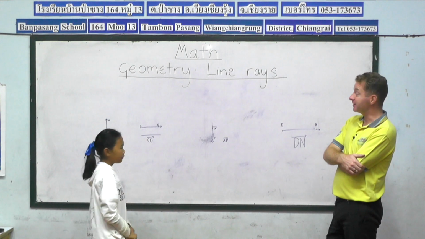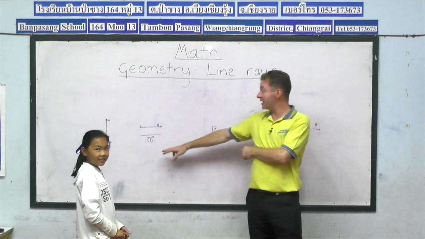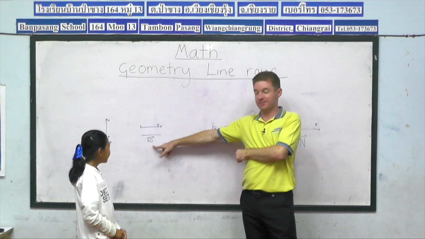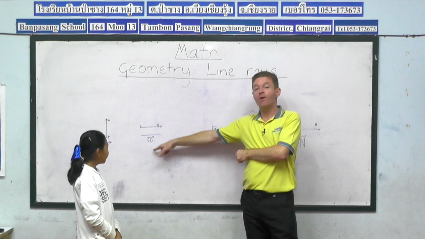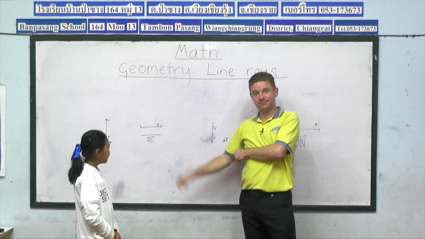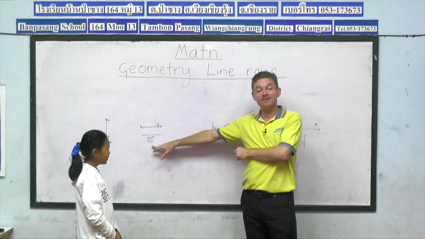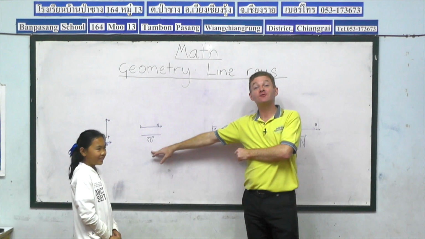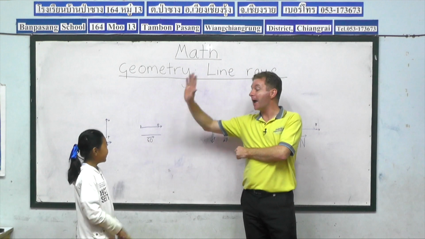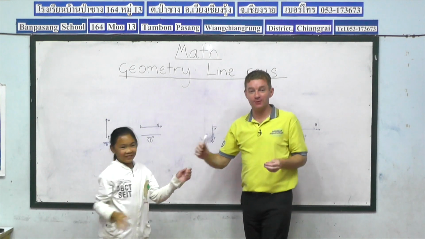Excellent, Nadia. So Nadia has chosen line ray G-O. Or line ray GO. So all together, guys, line ray GO. Excellent, Nadia. Big round of applause for Nadia, please, guys.